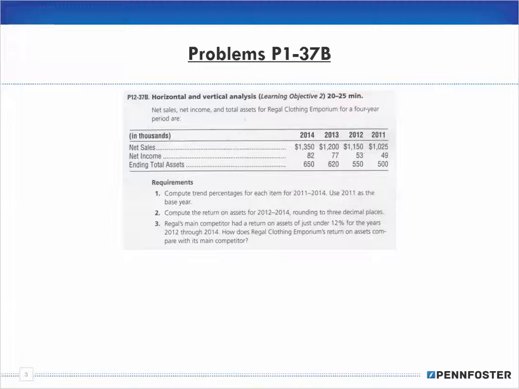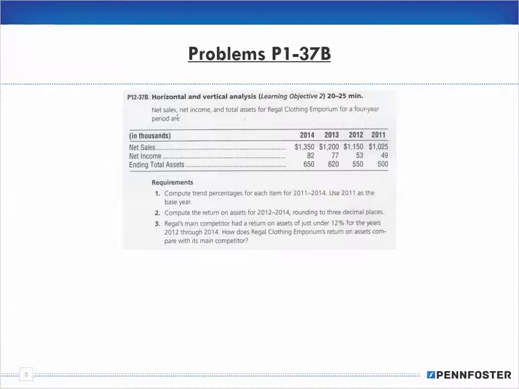And so problem 37B. Horizontal and vertical analysis. Net sales, net income, and total assets for a 4-year period are given. Compute the trend percentages for each item for 2011 through 2014. Use 2011 as the base year.